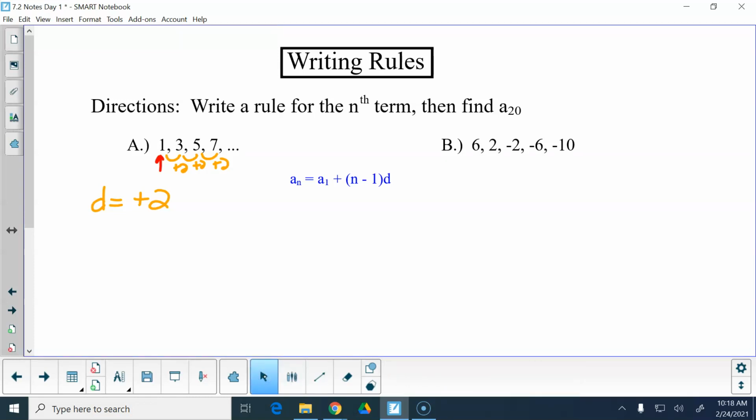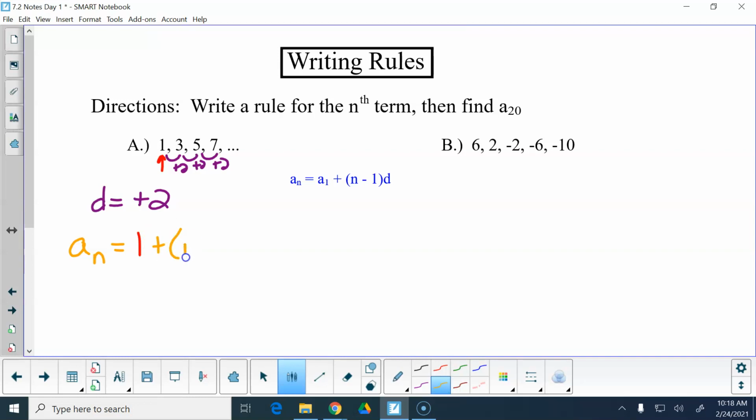My OCD is kicking in. Move this out of the way here. Those were supposed to be purple. Okay. So my rule states now A sub n is equal to my first term, which was 1, plus n minus 1, which stays n minus 1 because we don't know what n is.